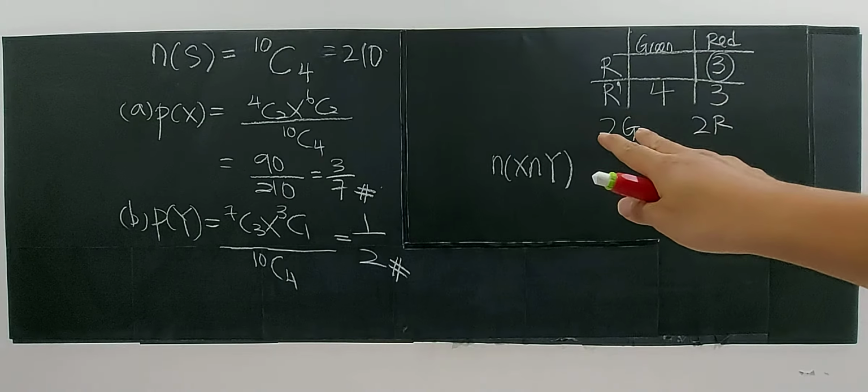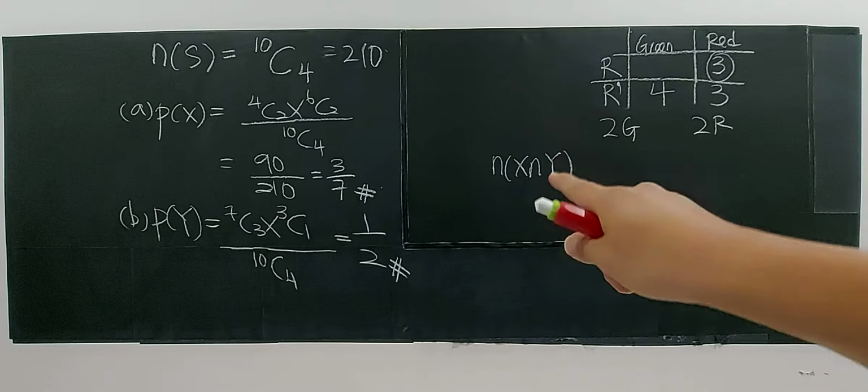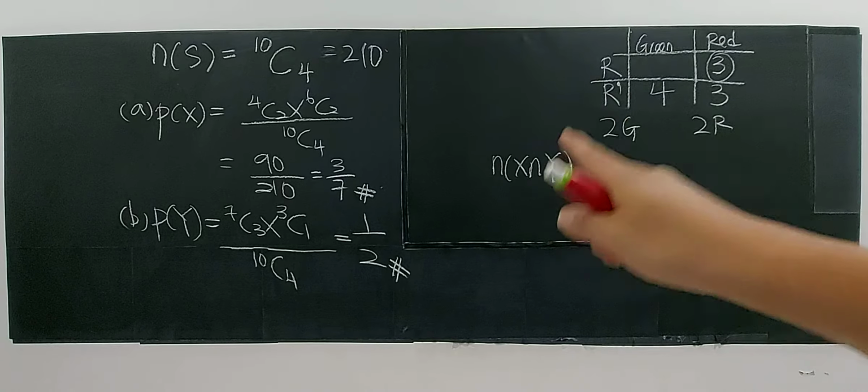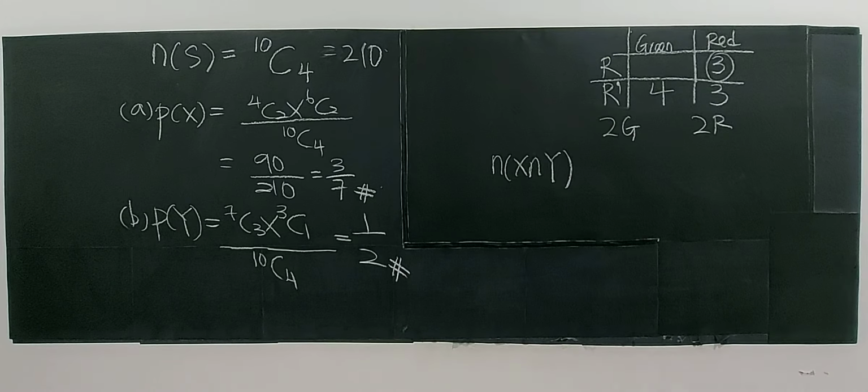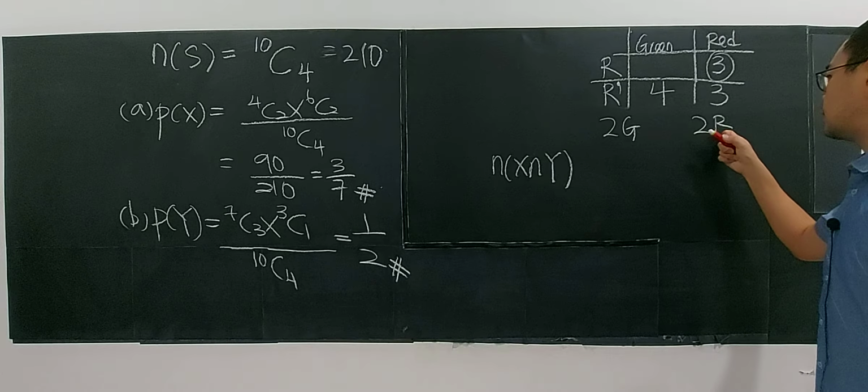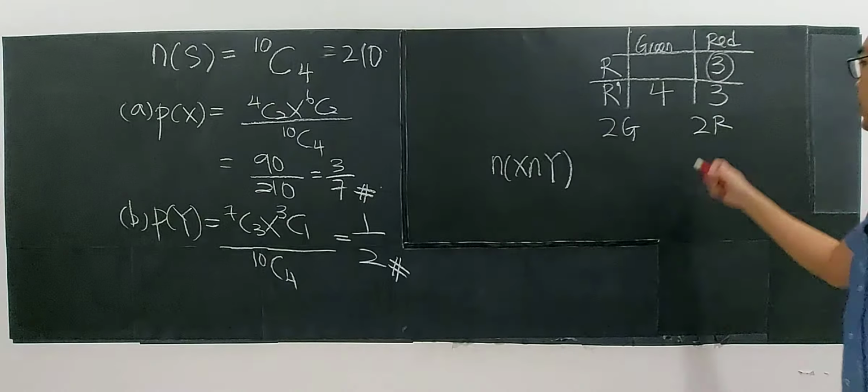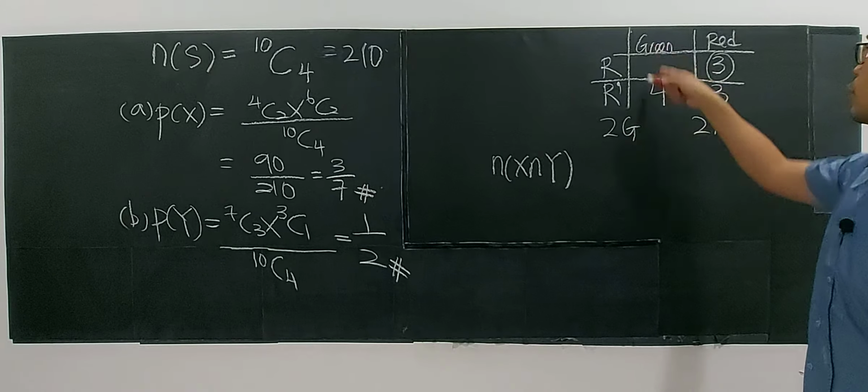In that 2 green and 2 red from event X, 1 must be rotten. So the rotten apple must come from the red apples, because all the green apples are good.